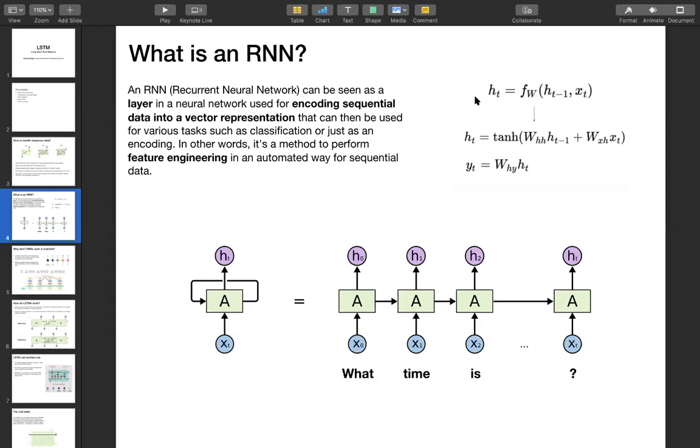One is multiplied to the previous hidden state, ht minus 1, and the other is multiplied to the xt, right? So the activation function of that produces ht, which is then multiplied to another weight matrix to produce the output. So that's how you model sequence data in an RNN.